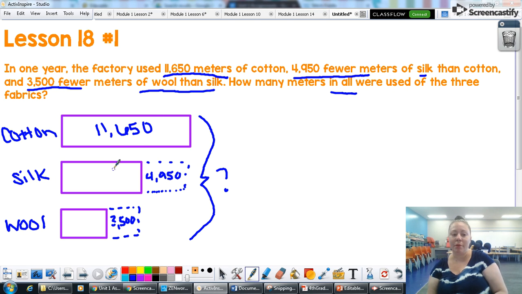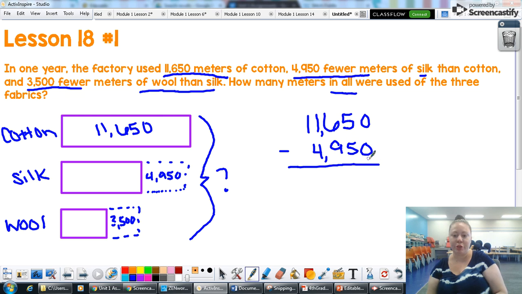So the first step is we want to find this unknown part of the silk. So since it's 4,950 meters fewer than the cotton, I need to subtract. So 11,650 minus 4,950.